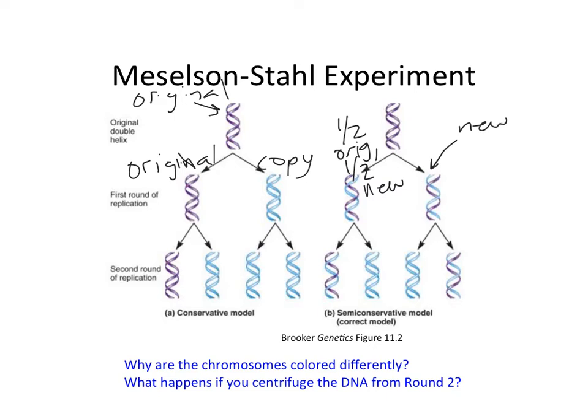How did Meselson and Stahl actually, they didn't color double helices with a marker. What did they use to distinguish the parental strands from the new strands, or the original strands from the new strands? Yeah, so it has to be something chemical because we're talking about a deoxyribonucleic acid molecule. The original molecules, they studied this in bacteria.